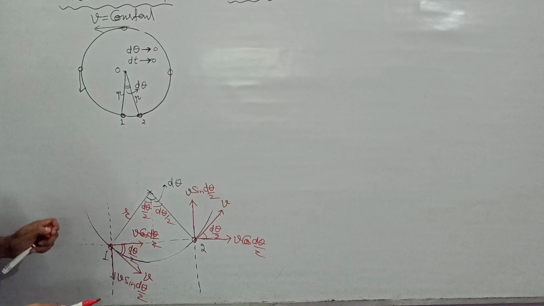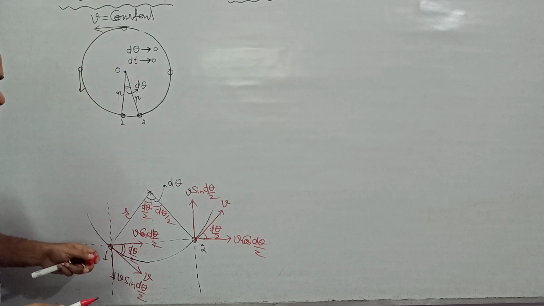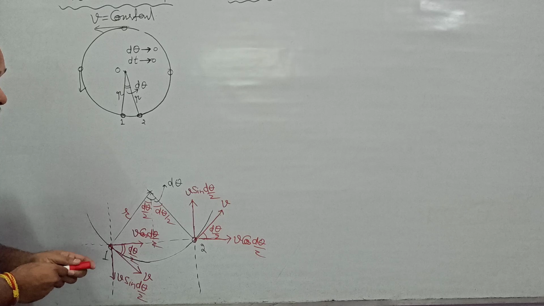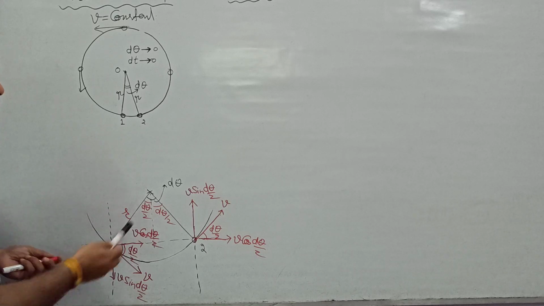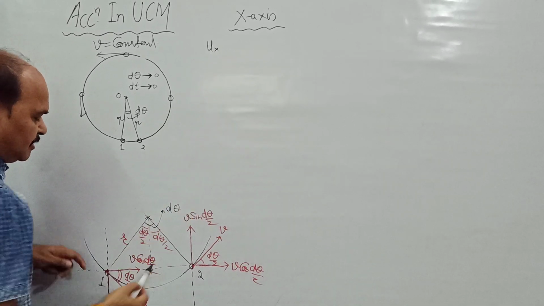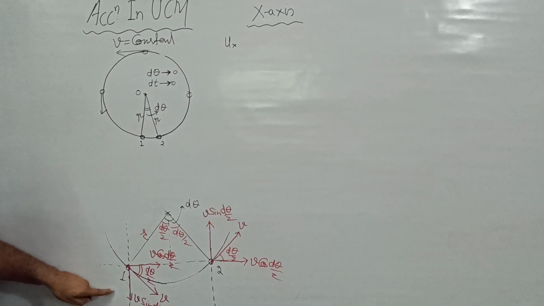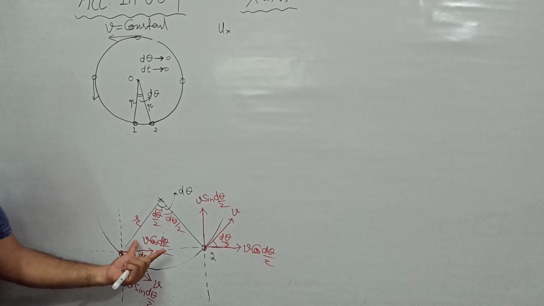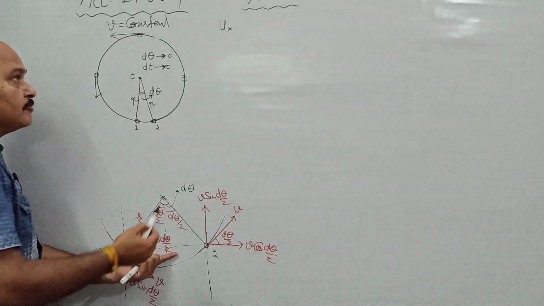dt, very small. So let us study the motion along y-axis as well as x-axis. So let us start with motion along x-axis. What is initial velocity along x-axis? This is the initial instant. So velocity along x-axis is v cos d theta by 2.